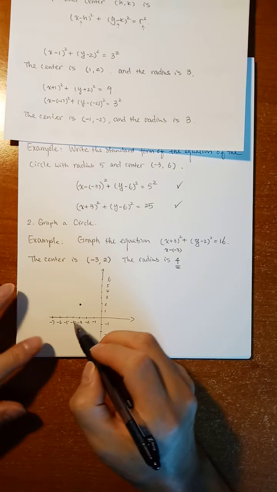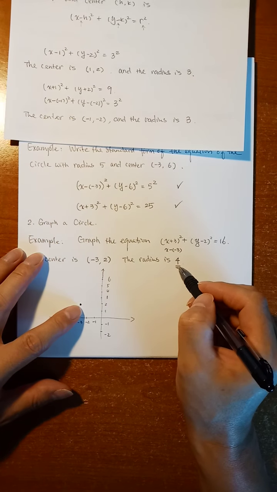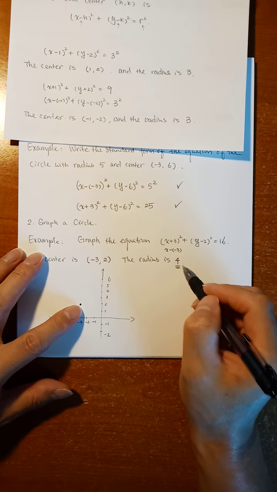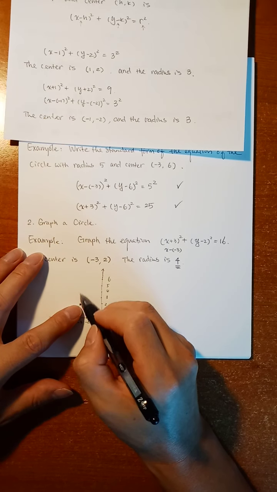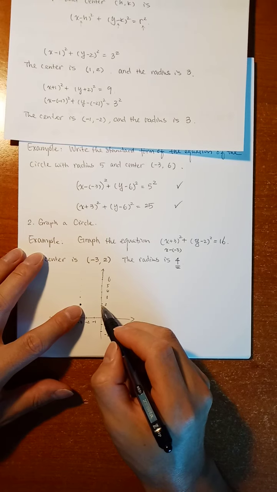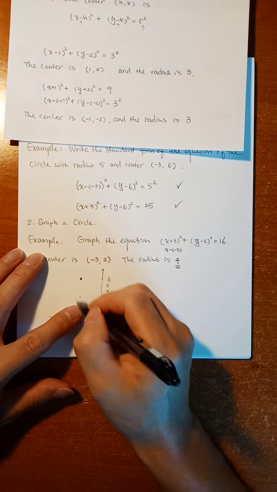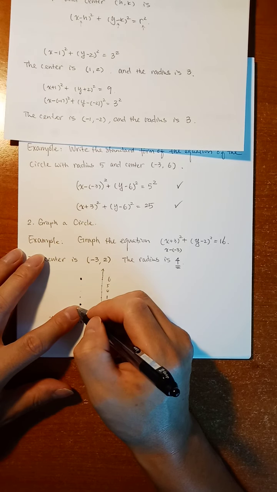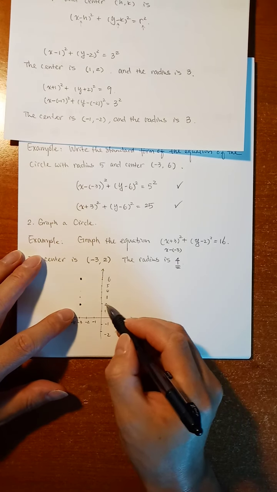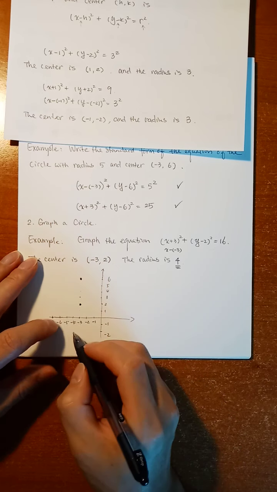When you have the center, you go up 4 units. Why 4 units? Because the radius is 4, so you go strictly up. 1, 2, 3, 4. This is 2, you go up 4 units, it's 6. This point is on the circle. And you go down 4 units: 1, 2, 3, 4. It's negative 2.